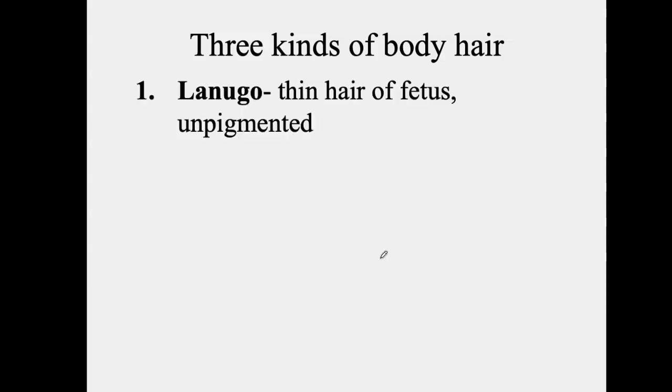There are three kinds of body hair throughout your life. One of them is lanugo, which is the very thin, fluffy peach fuzz of a fetus. It doesn't have any pigment, and a fetus will have lanugo for a bit, then lose it. Another pathology is anorexia, where you might grow some lanugo, which is the body desperately trying to keep warm and maintain temperature from low body weight.